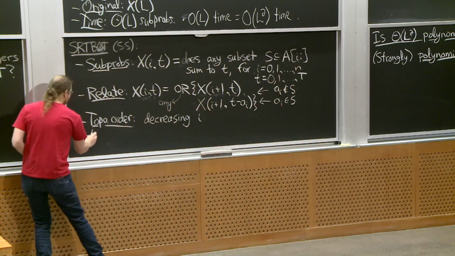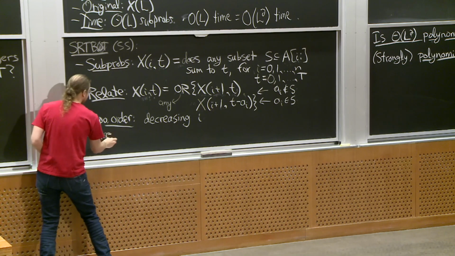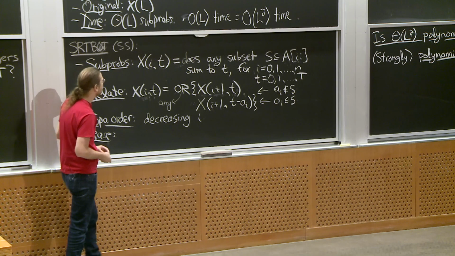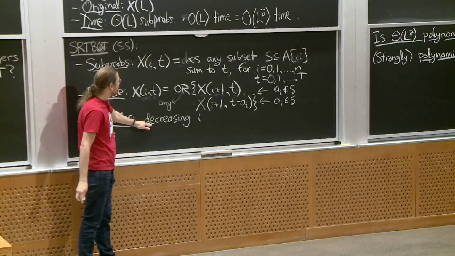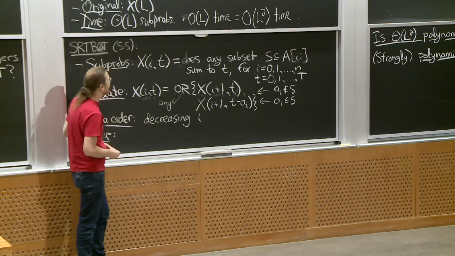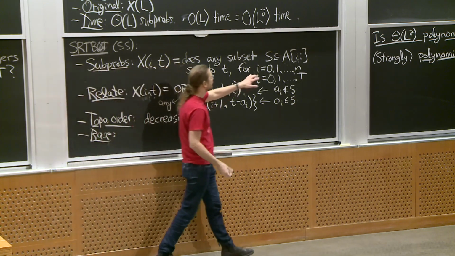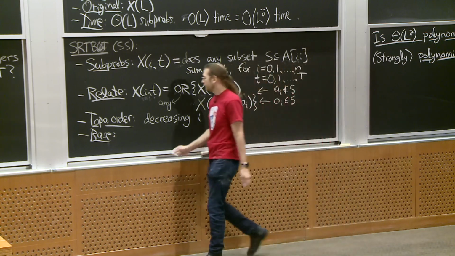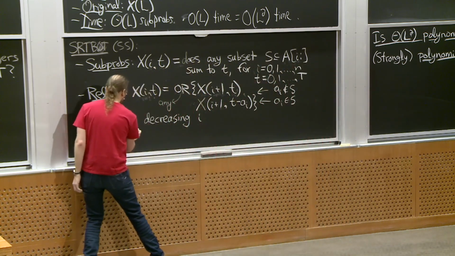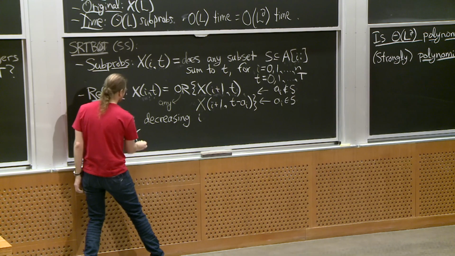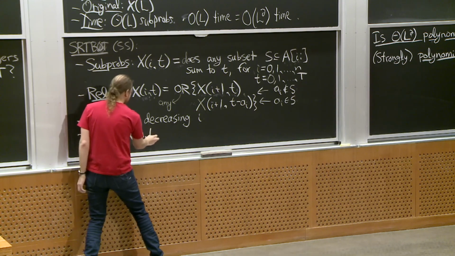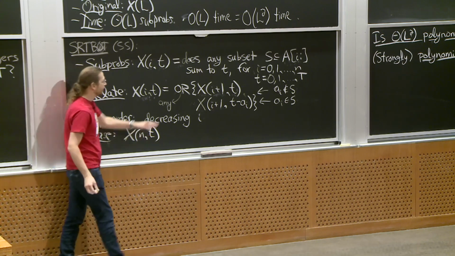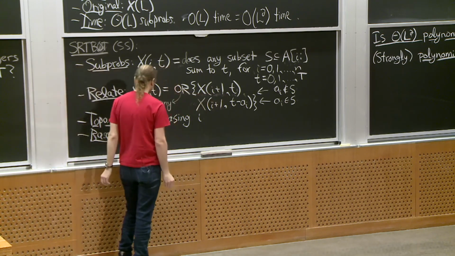OK, we need base cases. The natural thing, given this aspect, is to have a base case when my suffix is empty, which is when i equals n. So this is x of n comma t for any little t, because we don't have a lot of control of how t is changing.